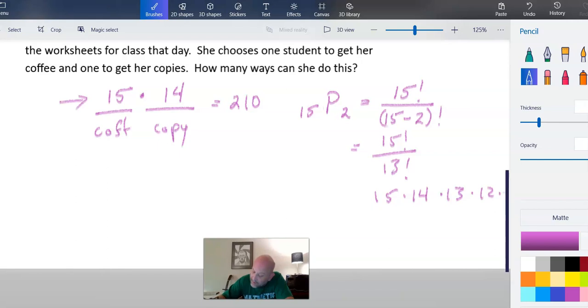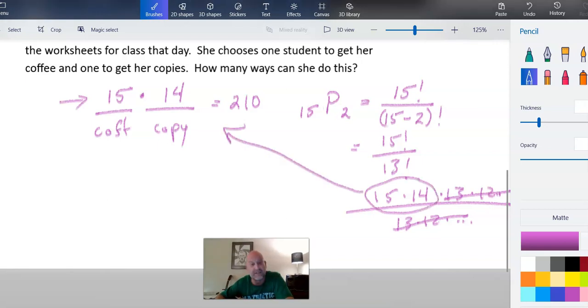On the bottom, there's 13 factorial, which is 13 times 12 times dot dot dot. Well, these cancel. Everything 13 and less will cancel out, and I'm left with 15 times 14, which is exactly what we got using the multiplication principle.